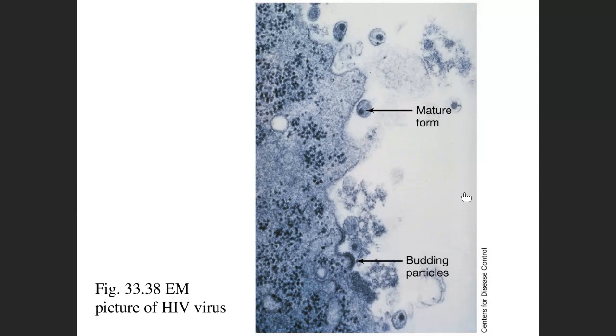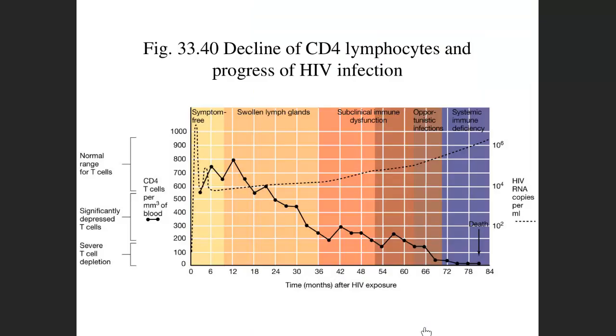And then your genome keeps producing these proteins, viral RNAs, and then they are being packaged continuously, and you continuously produce these particles. And these then go on to infect another CD4 T helper cells. And that is a continuous cycle.